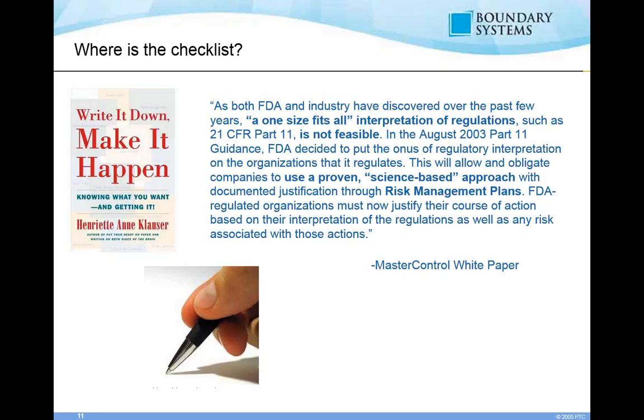What this does is allow and obligate companies to use a proven science-based approach with documented justification through risk management plans. So once again, here we have additional documentation that will need to be looked at, saved, regulated, and controlled.